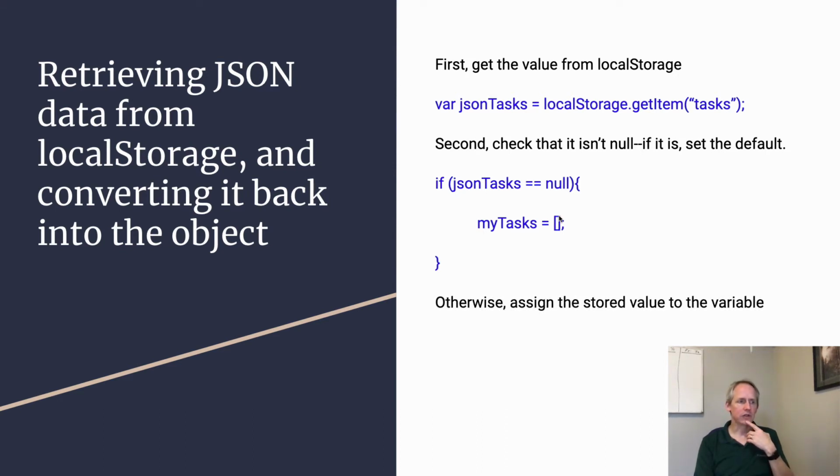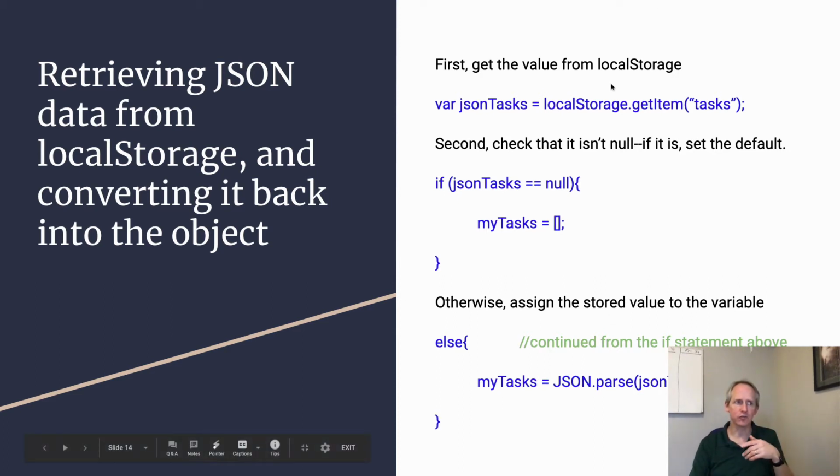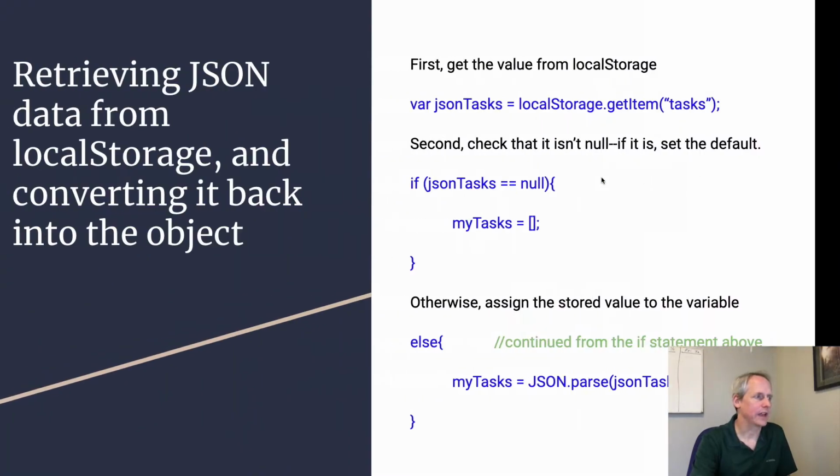Otherwise, we're going to assign the stored value to the variable. Else, that's continued from the previous, mytasks equals JSON.parse(jsontasks). In this case, we're using that global variable up above. Okay. So let's hop on over and take a look at doing that.